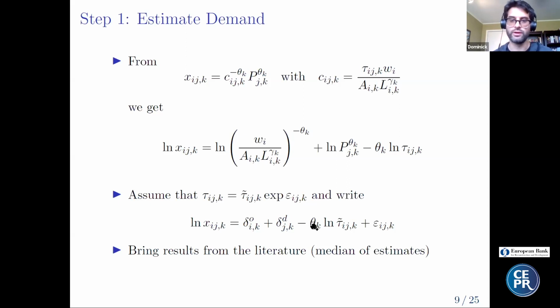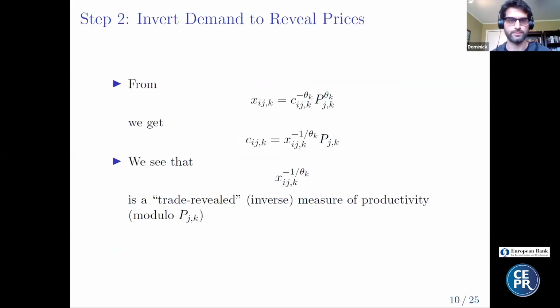All of the parameters that we use are estimated with some version of this strategy, and we bring in the results from the literature. So with these results, then we know what the thetas are, what the curvature of international demand for each product is. Okay. Then with the thetas in hand, we can go back to our formula.